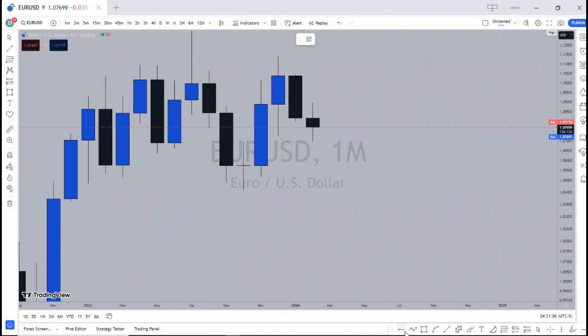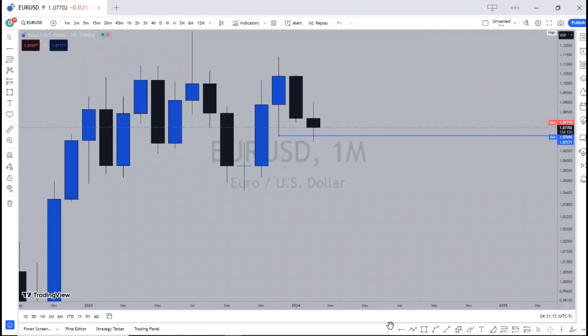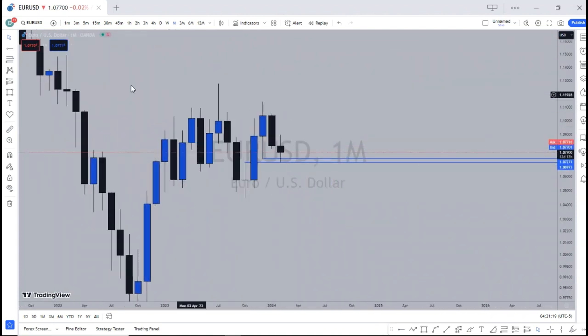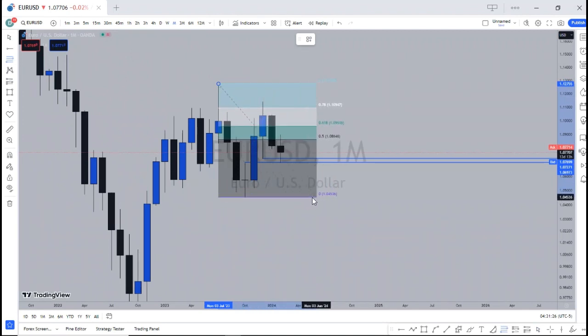You'll see that it did a hunt on the previous 2 months low, and in that previous 2 months low we also have a fair value gap right here. All right, we also have a fair value gap right here, and I think that is at the equilibrium of our range highs and lows right here, close to that, the range that we're dealing with right here.